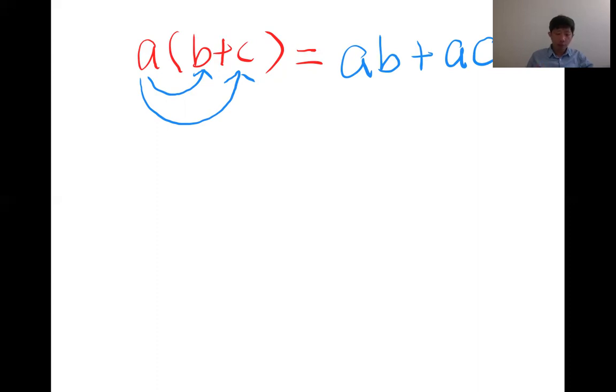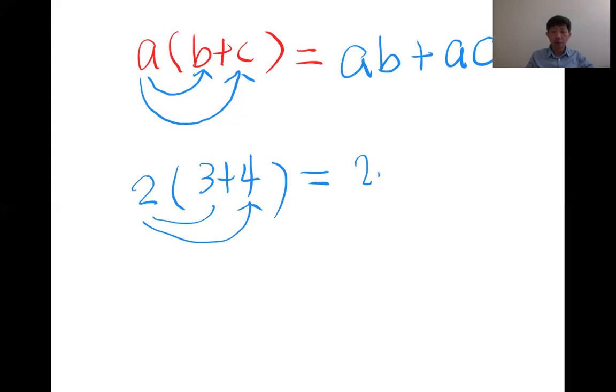Now, what if we have another one like this? First of all, I'm going to give you an example. Let's say a is 2, and I'll show you this is true. When you apply the distributive property, you get 2 times 3 plus 2 times 4.